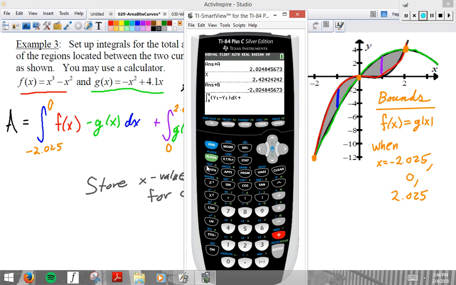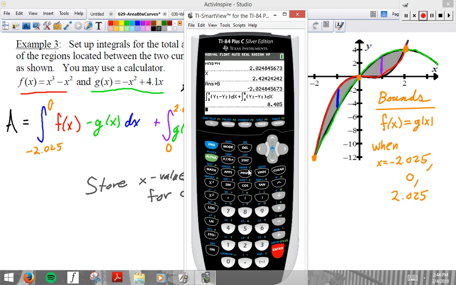Plus math 9. Now from 0 to A, alpha trace Y2 minus alpha trace Y1, dx, and I get 8.405.